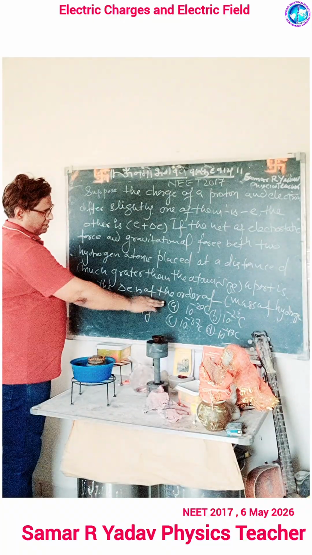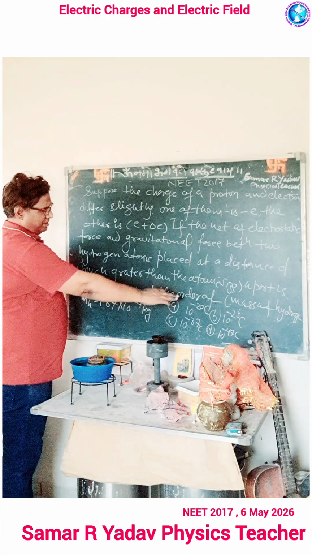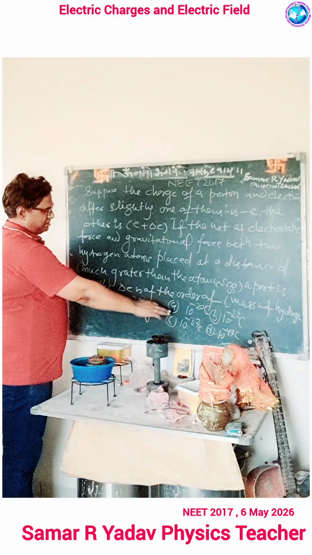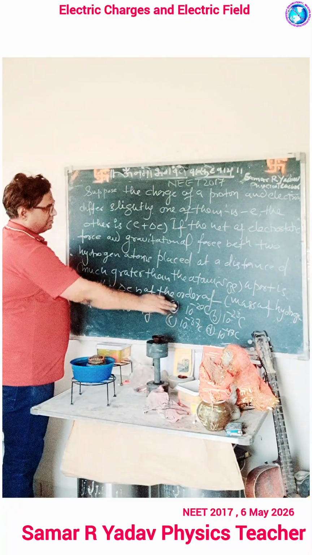Options are: A 10 power minus 20 coulomb, B 10 power minus 23 coulomb, C 10 power minus 37 coulomb, and D 10 power minus 47 coulomb.